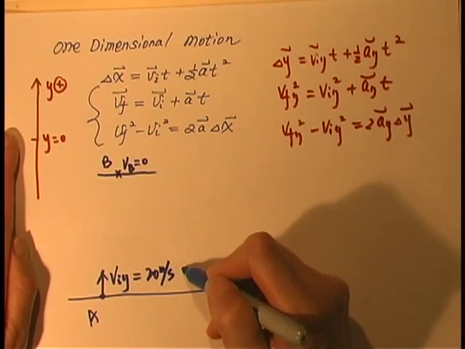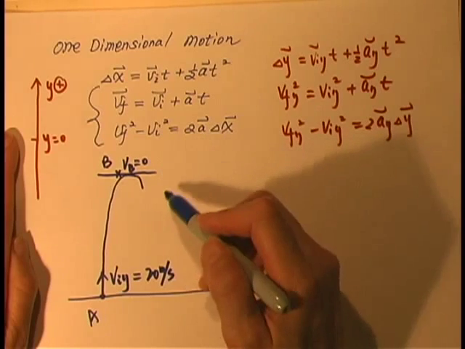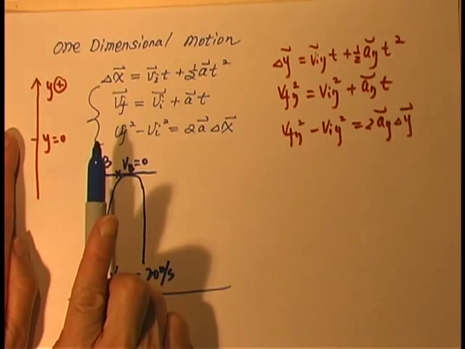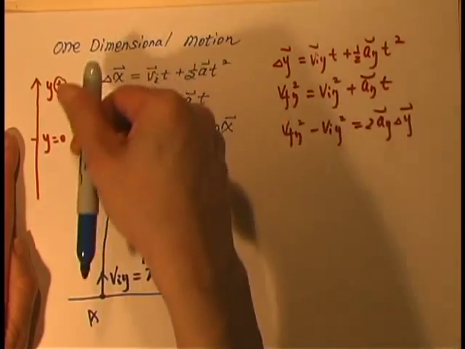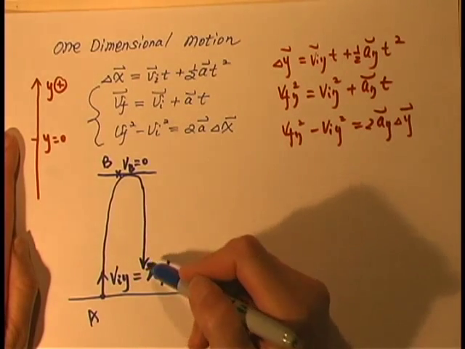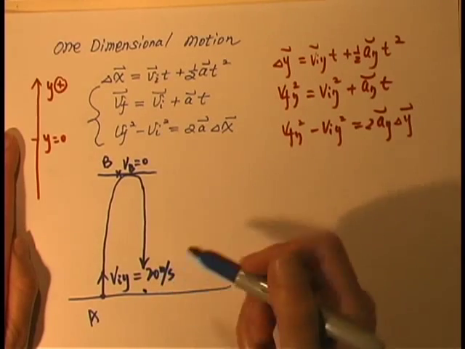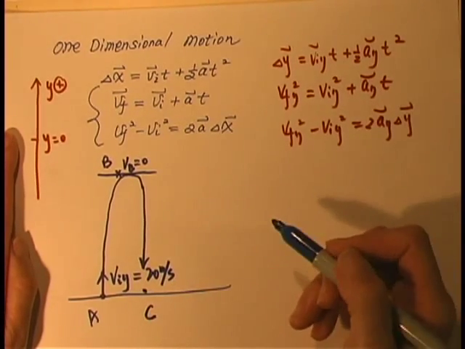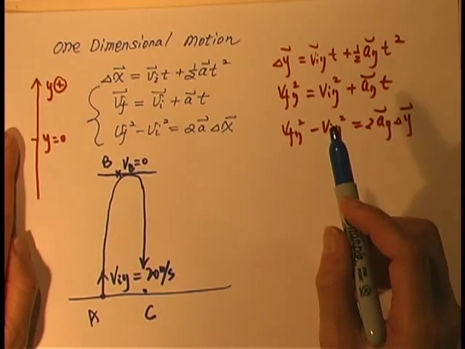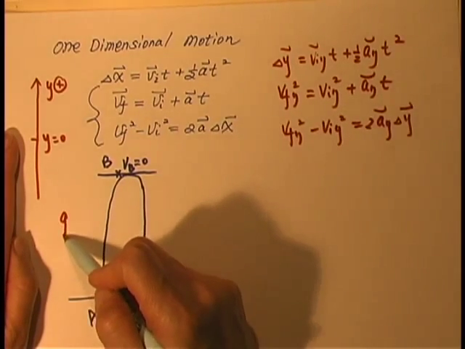Imagine that I just simply want to let you see this. As a matter of fact, if it's going up without wind, it will come down along the same vertical line, but now I draw up here and down there so you can see clearly. Let's say we define the point before the impact as point C. It's very important that we define before impact, because only when the object is in the air is it subject to g.